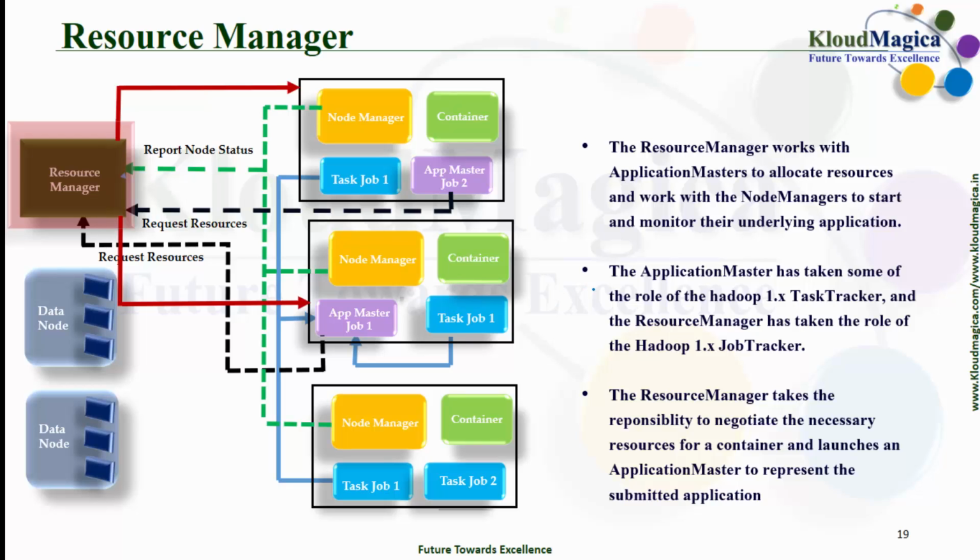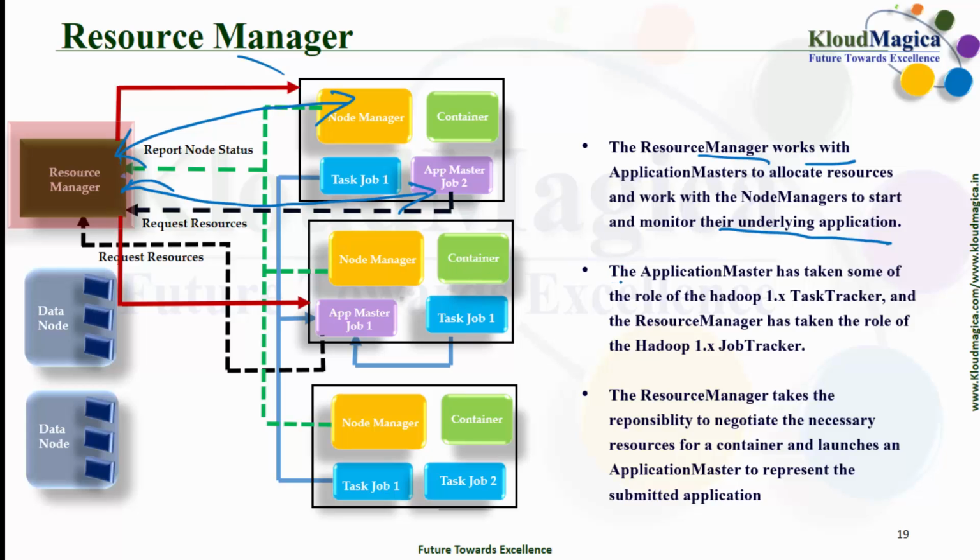The resource manager organizes the division of resources of the node manager. The resource manager works with application master to allocate resources and works with the node manager to start and monitor their underlying application.